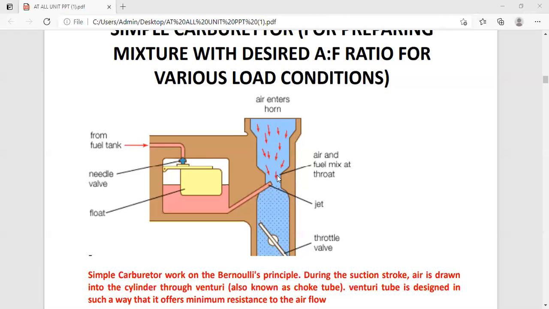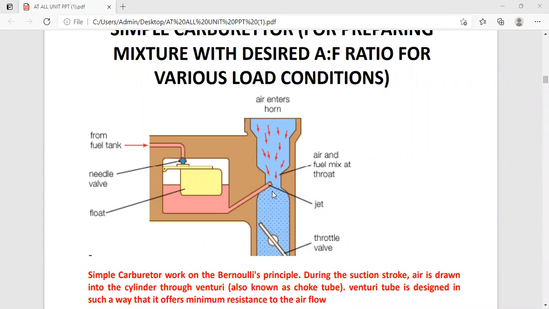In the venturi, the petrol fuel is partially vaporized, and then evaporated by the heat of the intake manifold or the heat taken from the cylinder wall. So partial evaporation occurs before entering the cylinder.